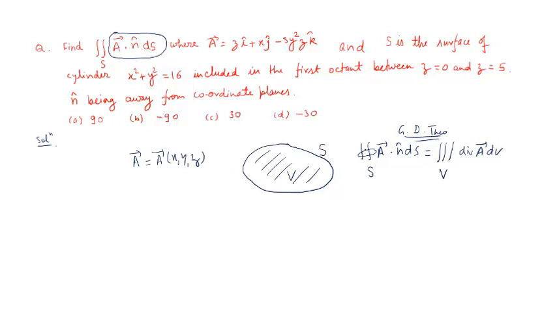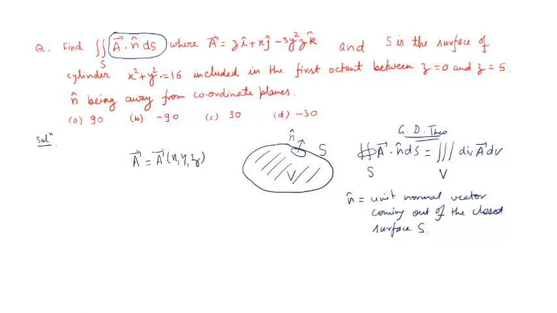And one more thing, the n cap is the unit normal vector coming out of the closed surface S. In this particular diagram, n cap will be as shown in the figure.